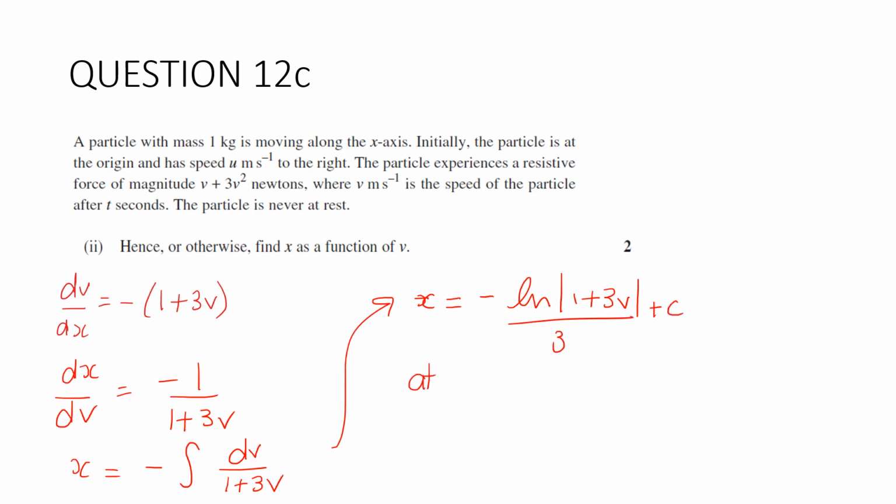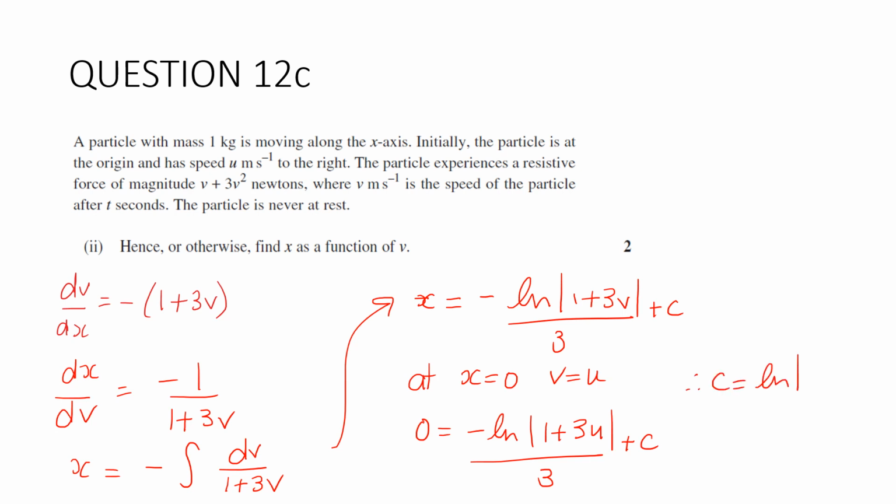At t equals 0, initially the particle is at the origin and the initial velocity is u. So 0 is equal to negative ln of 1 plus 3u all over 3 plus c. So c will equal ln of 1 plus 3u all over 3.